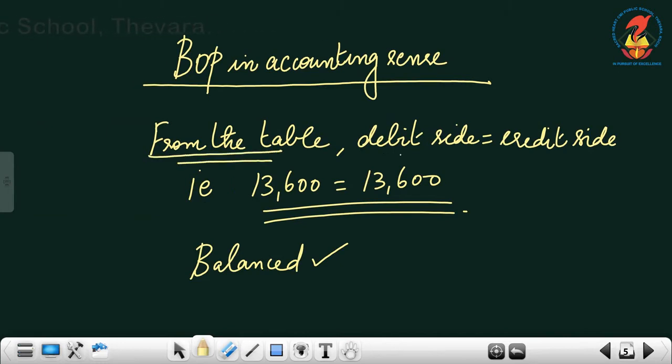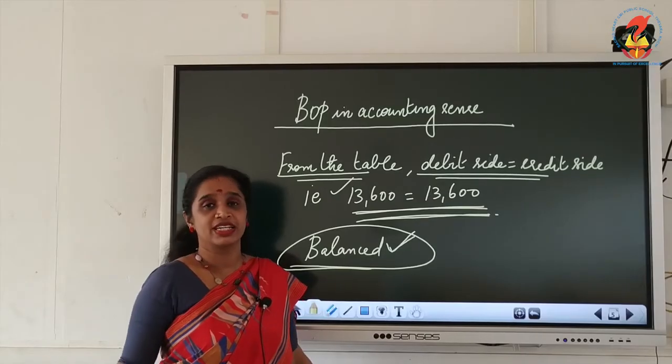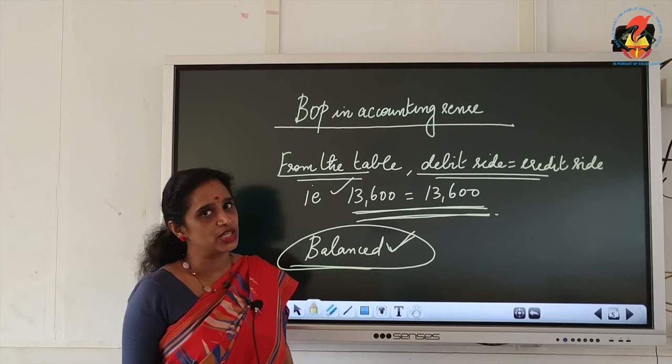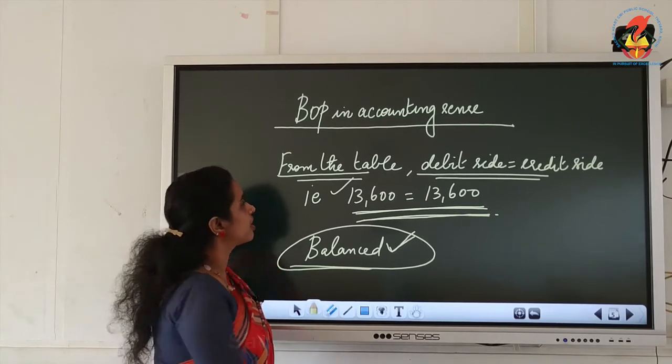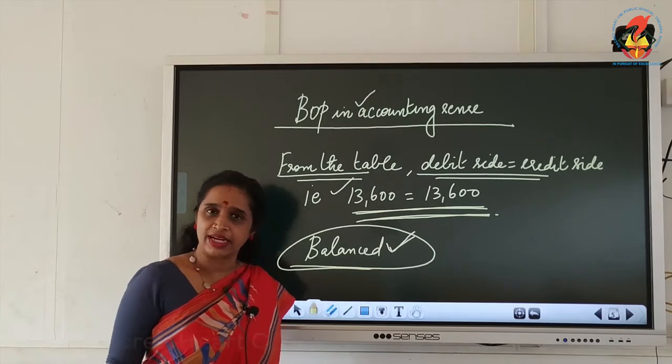From the table, debit side is equal to credit side, that is 13,600 is equal to 13,600. Therefore, it is balanced. Credit side is equal to debit side. So, in accounting sense, both debit side and the credit side are balanced.